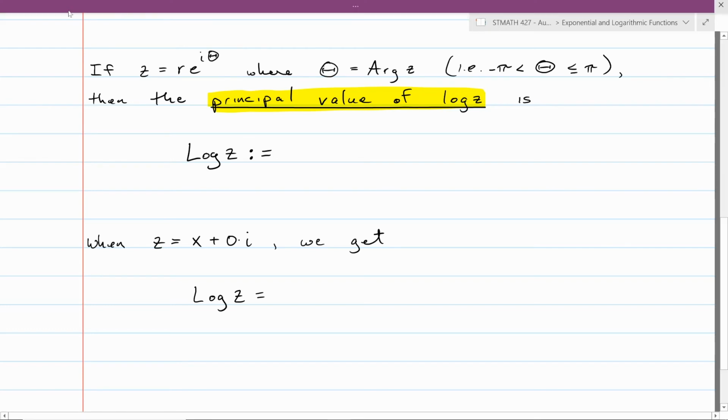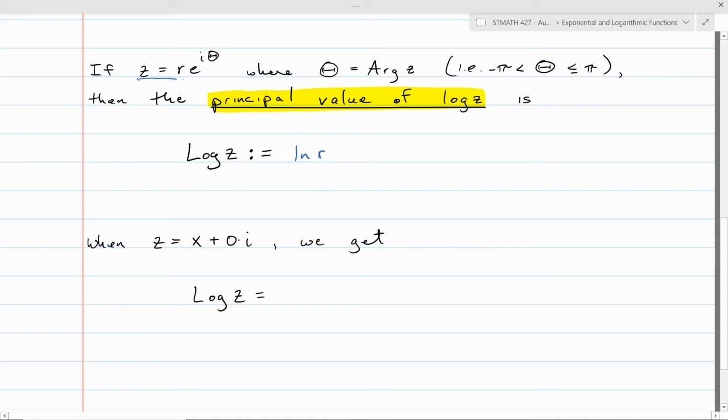So the principal value of the logarithm of z is going to be, you still do like you did before, the natural log of r, if we're saying z is equal to r e to the i times capital theta. We'd get the natural log of r, plus i times this capital theta plus 2 pi n, and we're just going to take n to be equal to 0 here.